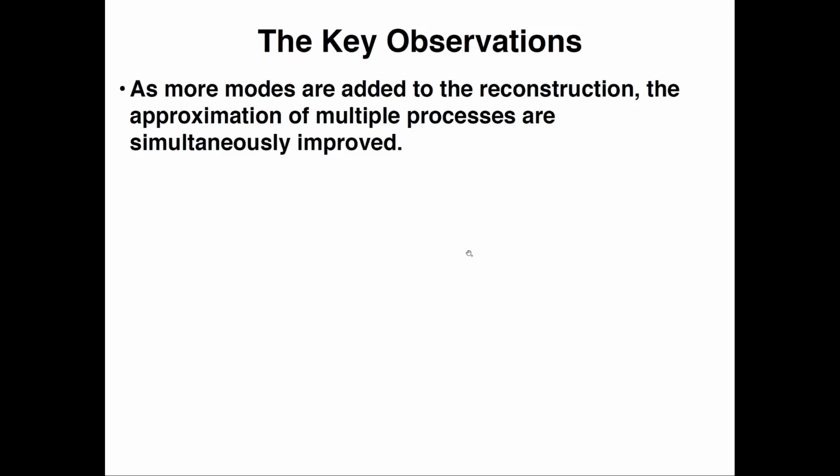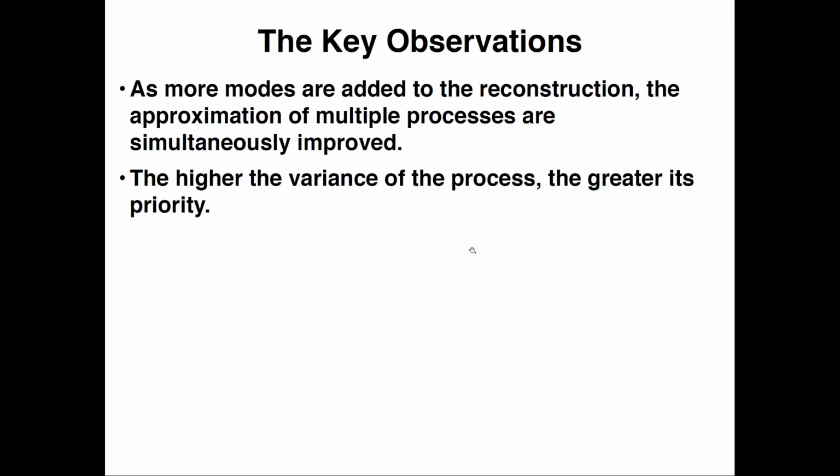All right, so that's a lot of background. So here's the set of key observations. As more modes are added to the reconstruction, the approximation of multiple processes are simultaneously improved. The higher the variance of the process, the greater its priority. Okay. So the higher the variance of the process, the greater its priority, meaning the more variance a process contributes, the more likely it is to appear in the first or the second or the third EOF or all three, and so on.